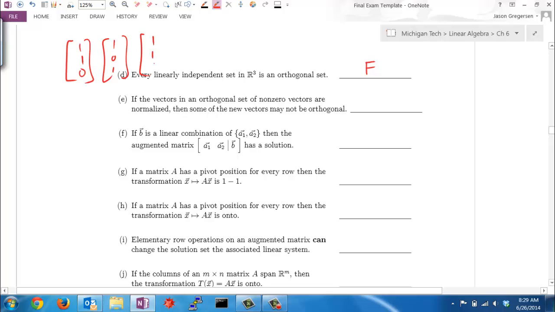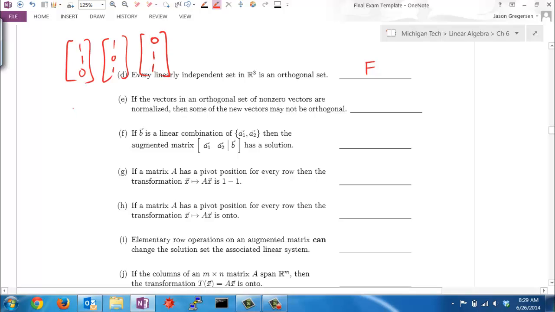And what do I want here? 1, 1, 0, 1, 1. Those should turn out to be a basis for R3, and I can do the row reduction to show that. If they're a basis for R3, they're certainly linearly independent, but they don't have to be orthogonal.